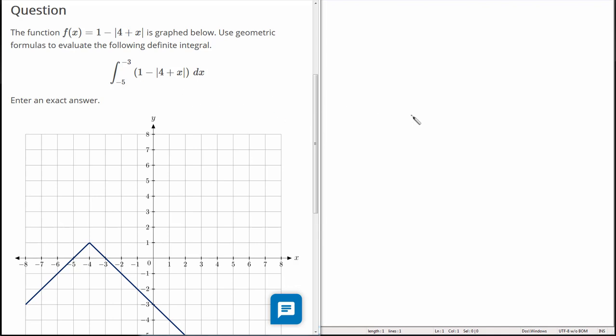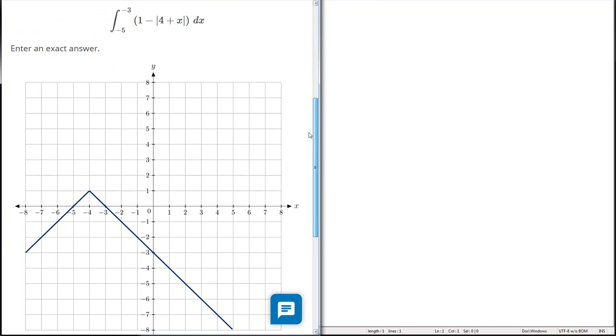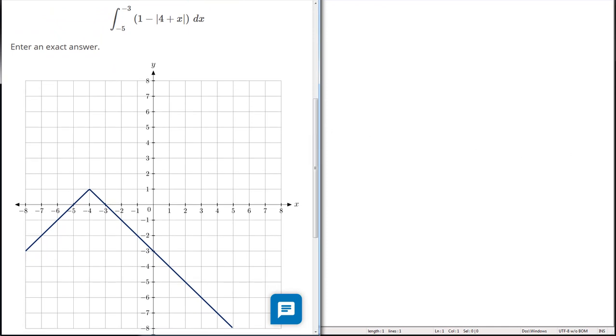So basically, if I were to visualize what this question is asking, all it's asking for is, it's saying that x is going between -5 and -3.